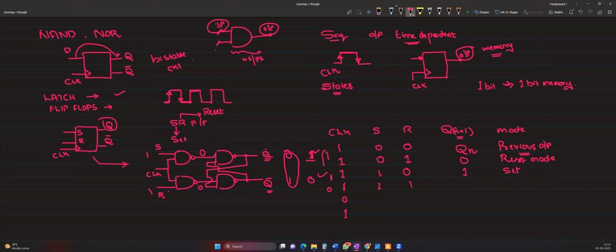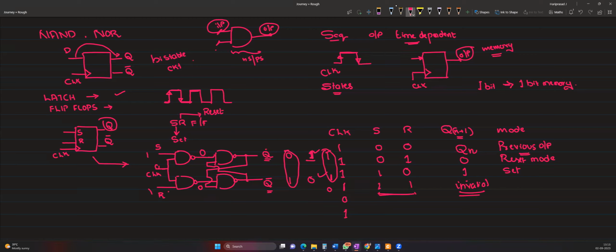But you are getting 1, 1, so Qn plus 1 will become invalid. This is the invalid state, because Q bar cannot be 1 when Q is 1. So in an SR flip flop, it is not recommended to feed 1, 1.